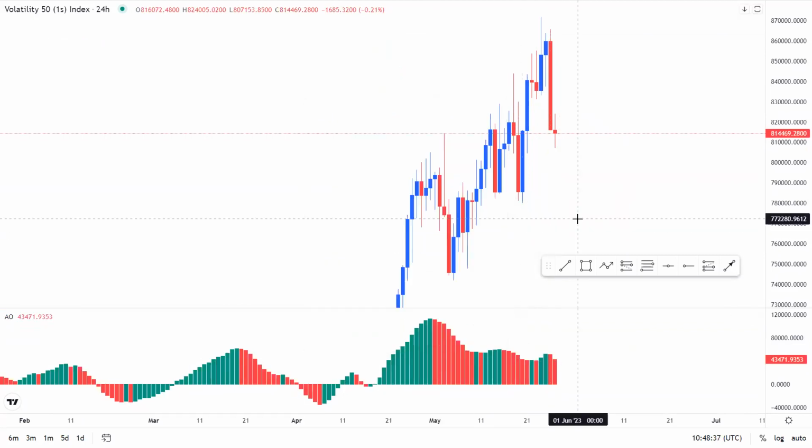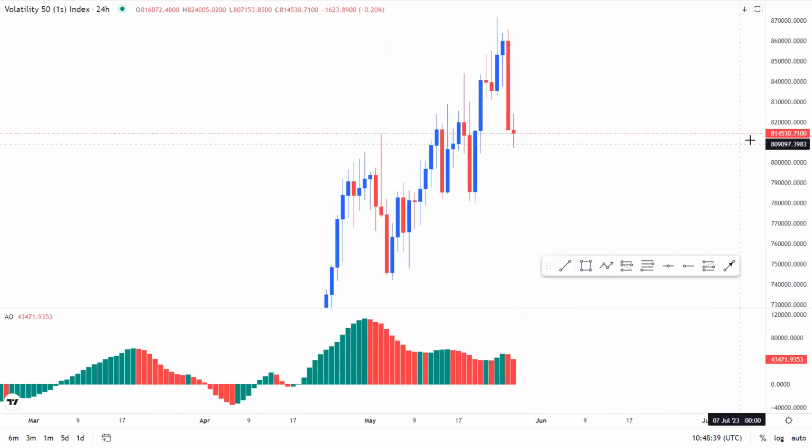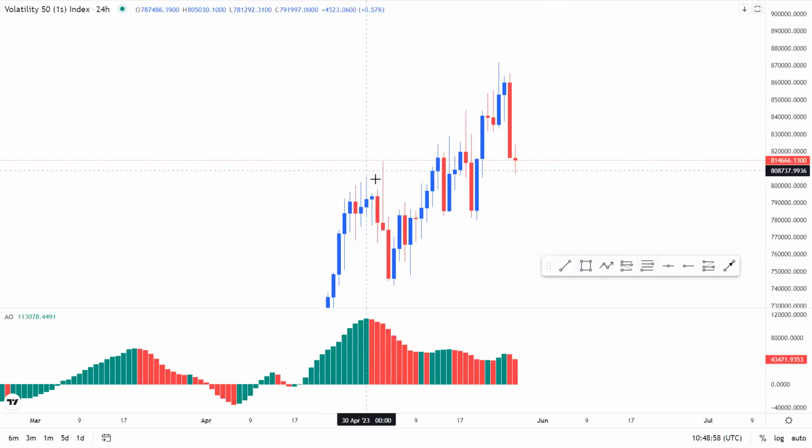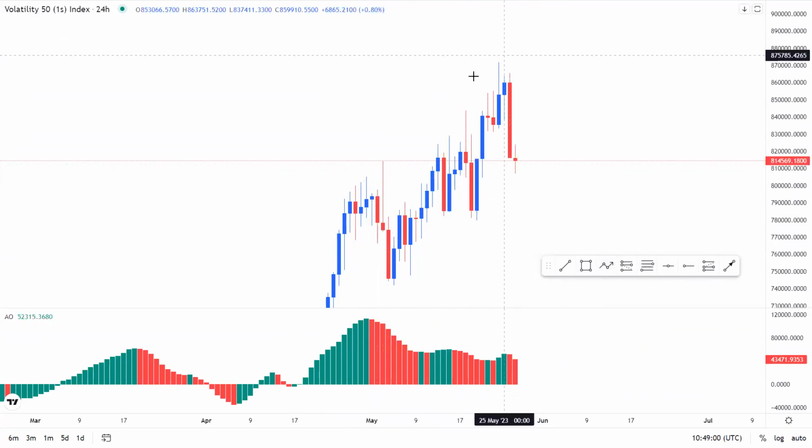From the daily time frame perspective, you can clearly see price in a very much bullish market structure, even though currently we have had that shift in market structure. But we clearly see price presented as a series of higher highs and higher lows.